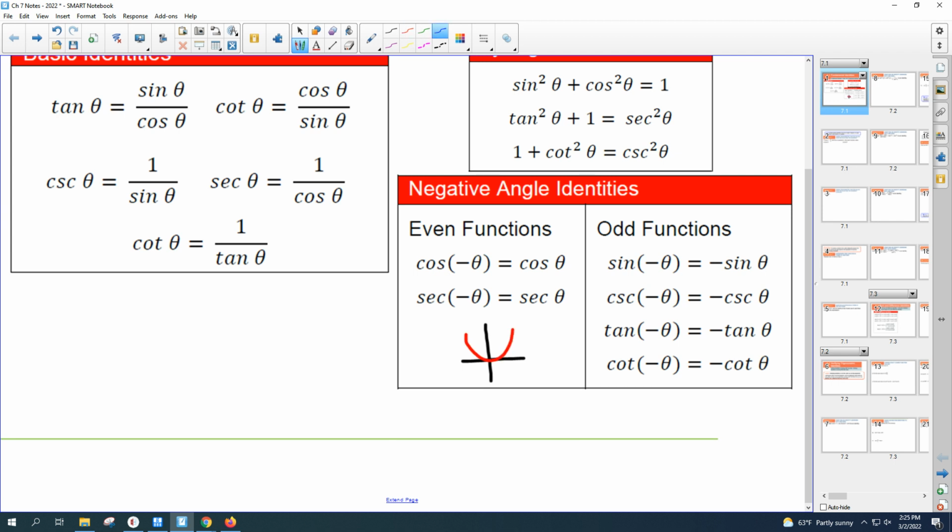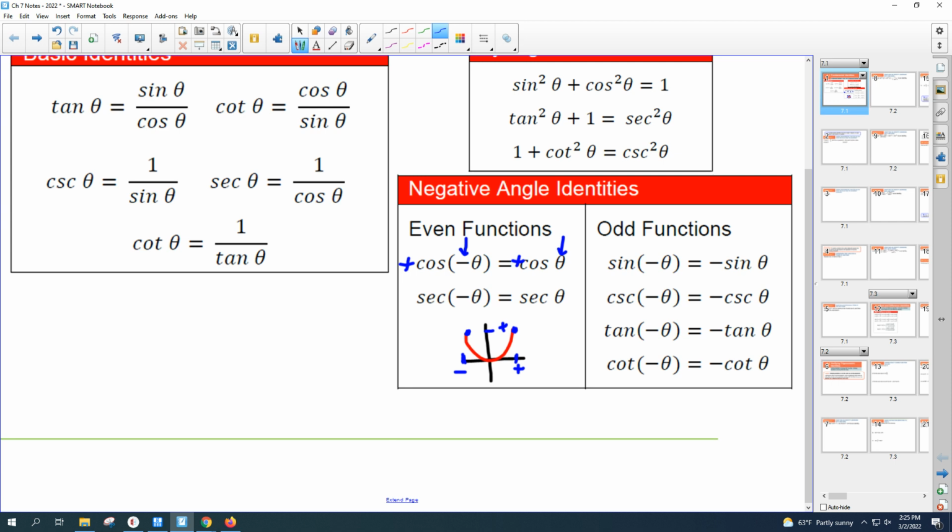If I plug in a positive x value and whatever I get is a positive number, then when I plug in the negative version of that same x value, I get the exact same value. They're even. And so how the formula works is when you plug in opposite values, you're going to get the same result. That's how that works for an even function like cosine and like secant.